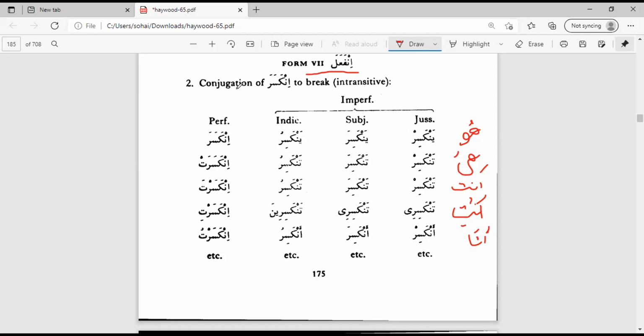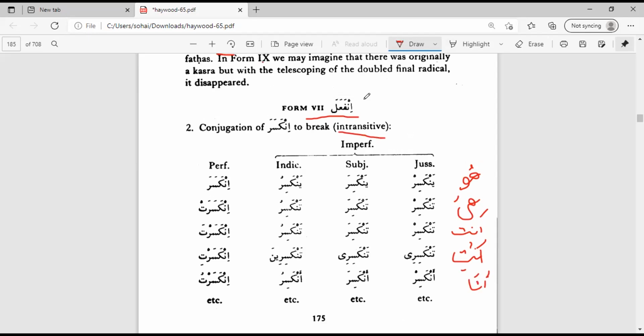So first of all, it says inkasara means to break, and it is intransitive. So this verb is on the scale of infa'ala. As you could know, fa'ala is the root letters. Alif and noon are the additional letters in this verb form. So it starts off with the madi, perfect.